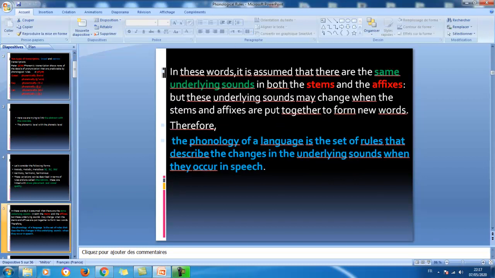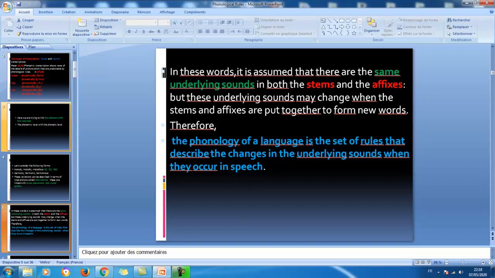Now, in these words, it is assumed that there are the same underlying sounds in both the stems and the affixes, but these underlying sounds may change when the stems and affixes are put together to form new words. This is what we have just explained. Therefore, the phonology of a language is the set of rules that describe the changes in the underlying sounds when they occur in speech.